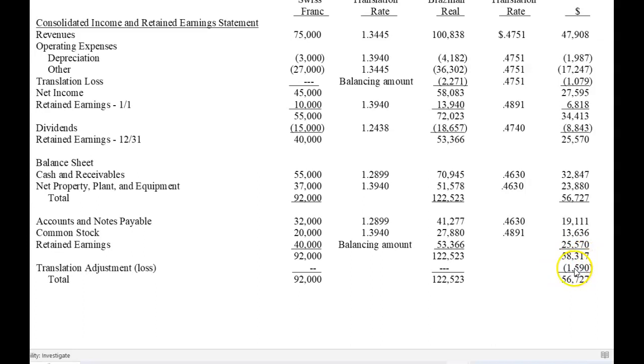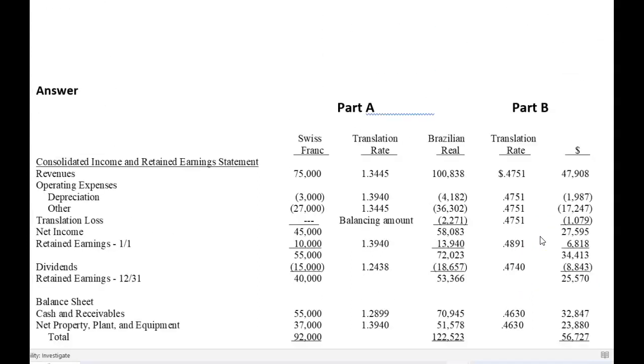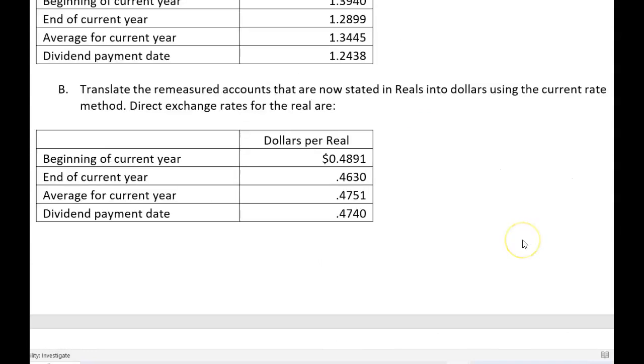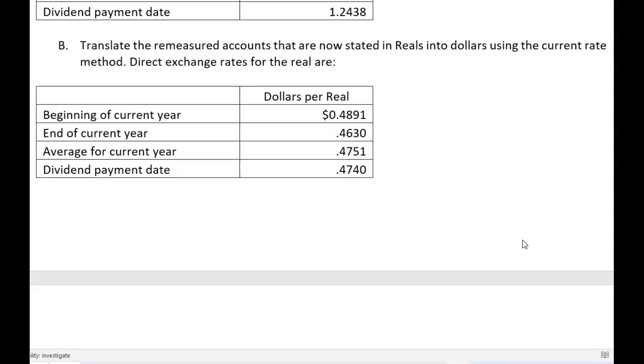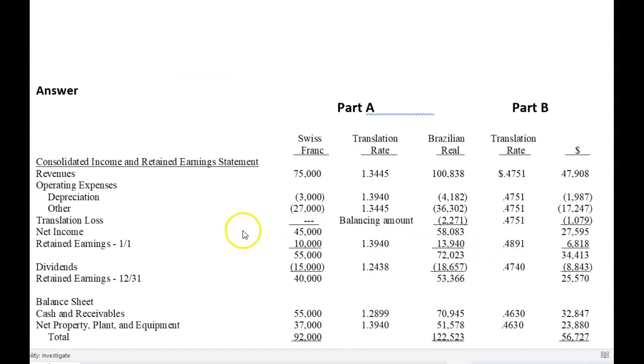So now you have the translation adjustment coming in here as 1,590, and that will balance you out. So we can go ahead and prove these and make sure that we understand where they're coming from.